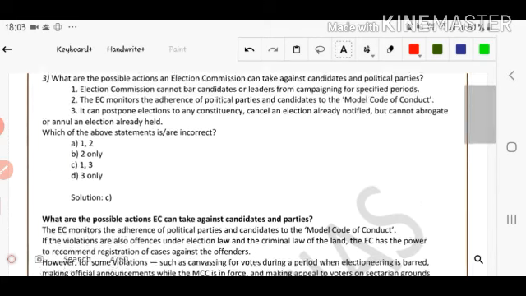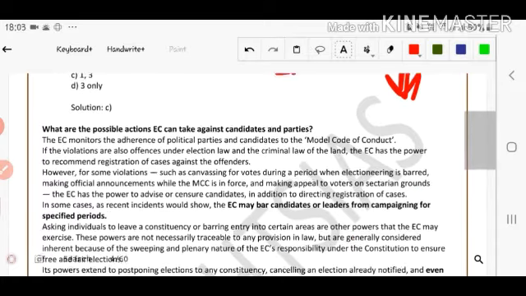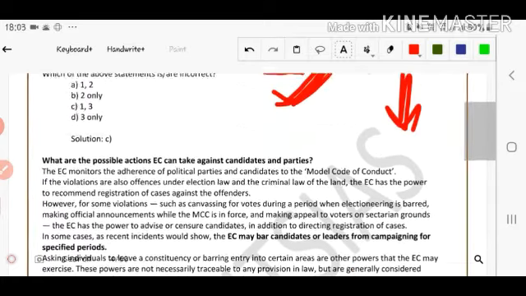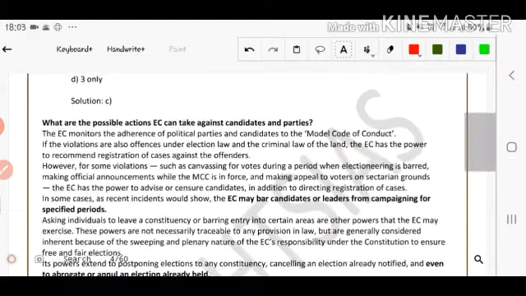It means the first and third are right. The third is also right, because it can be annulled only by the Supreme Court. That is not the suo motu power of the Election Commission. But if someone else files a PIL, it can happen. Anyway, let us see. In normal circumstances, yes it is right, and the first is wrong.